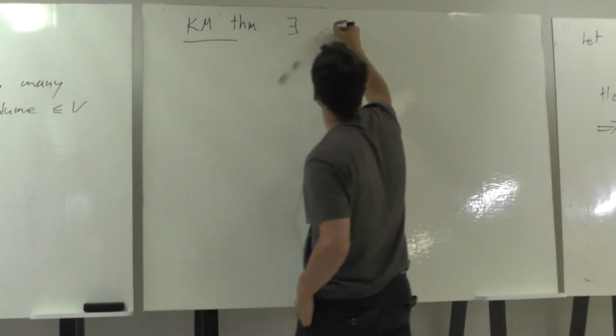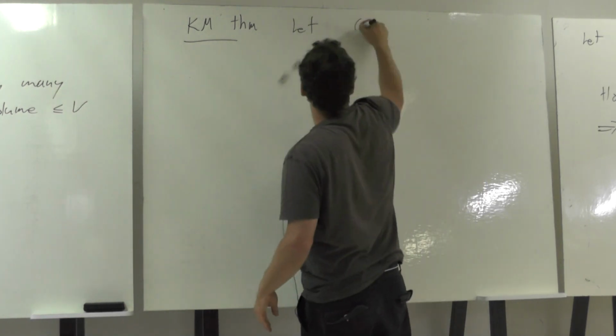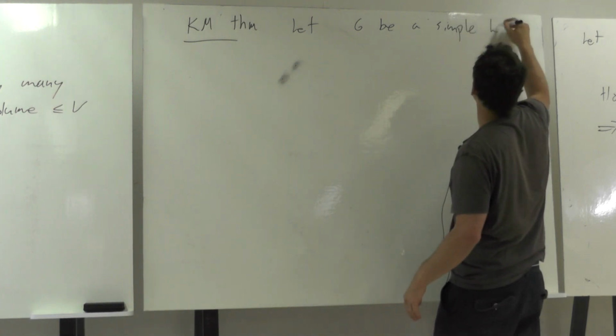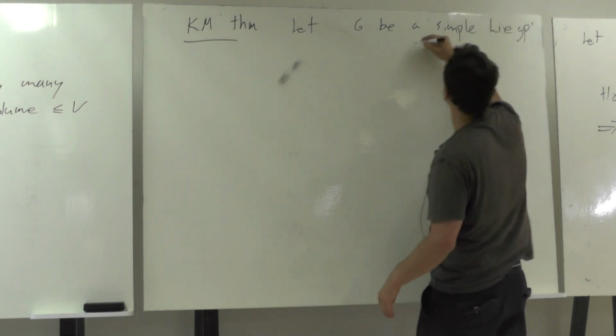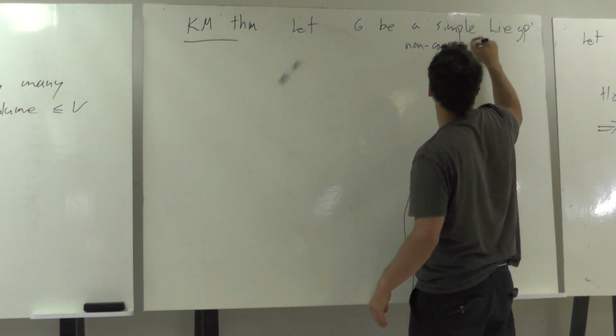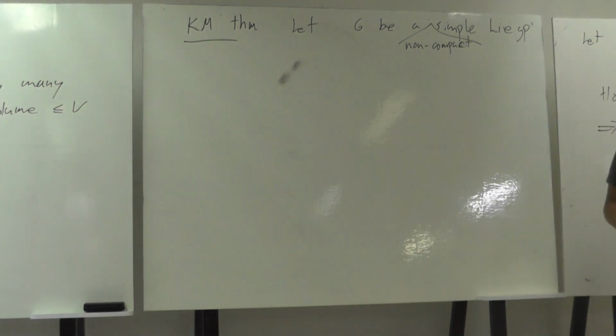Let G be a simple Lie group, non-compact. I mentioned that lattices have unipotent elements.